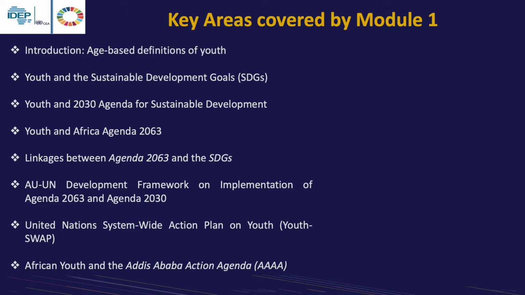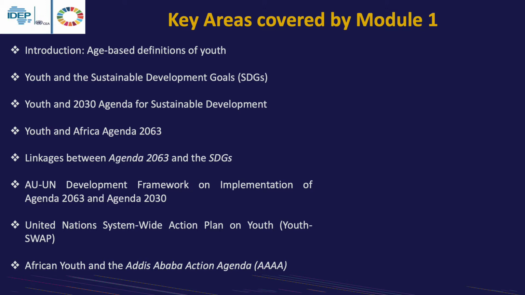Youth and the Sustainable Development Goals would also be explored, as well as Youth and 2030 Agenda for Sustainable Development, Youth and Africa Agenda 2063, and the linkages between Agenda 2063 and the SDGs and how they relate to youth development. We will also explore AU-UN Development Framework on implementation of Agenda 2063 and Agenda 2030.